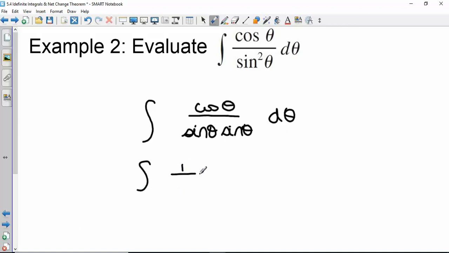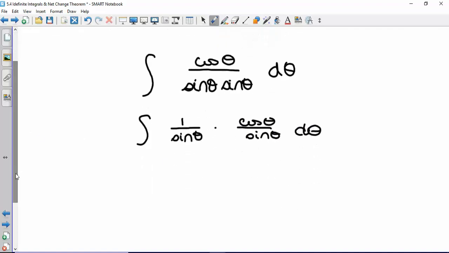Okay, you may not need this step, but I'm going to go ahead and show you. So I could write that as a 1 over sine times a cosine over sine. So far, so good?